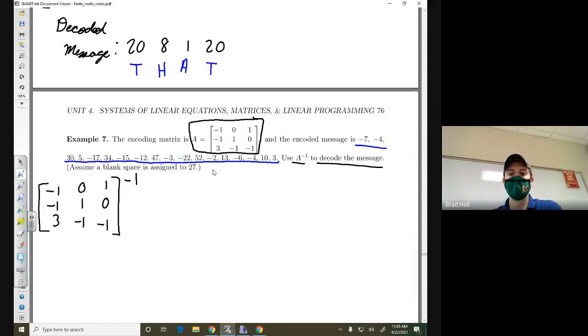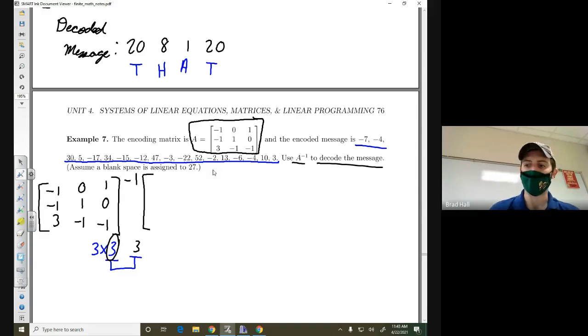Now, in order to break up this encoded message, because again, the encoded message as one column is not going to work out. It's too large of a message. We have to break it up into groups. But we're not using groups of 2, like we've been doing in the previous examples. The reason why, this is a 3 by 3 matrix, which means now we have to break it up into groups of 3. So if you try to do rows of 2, your calculator will complain.